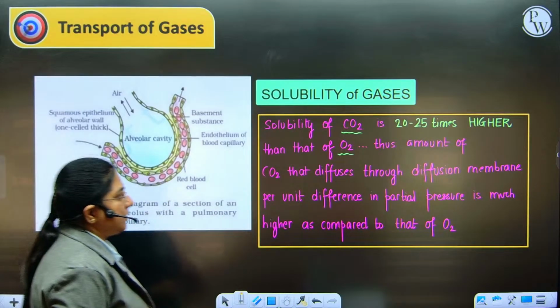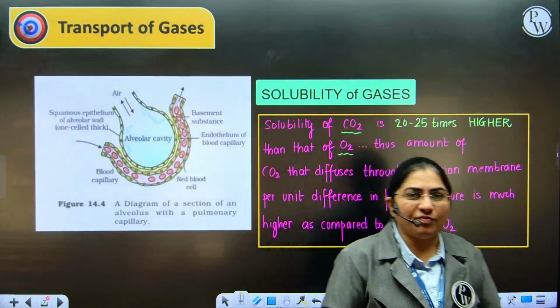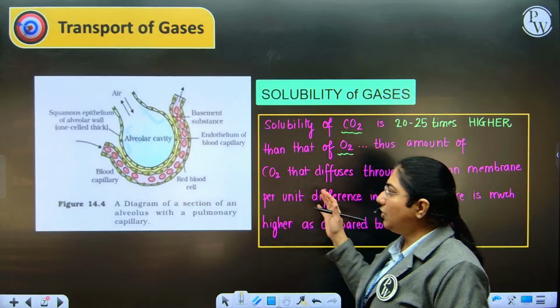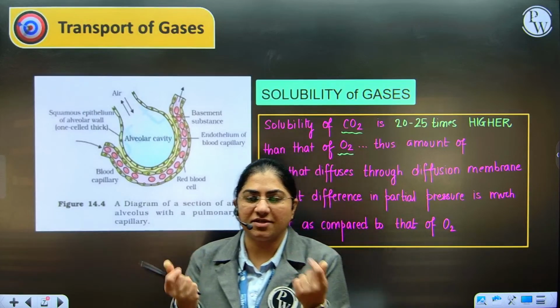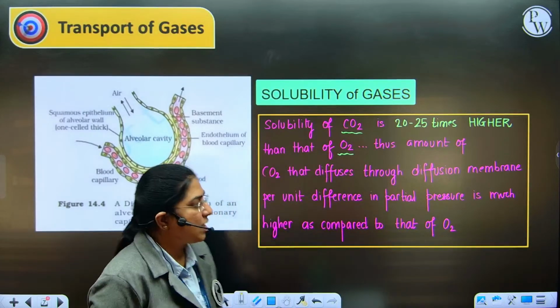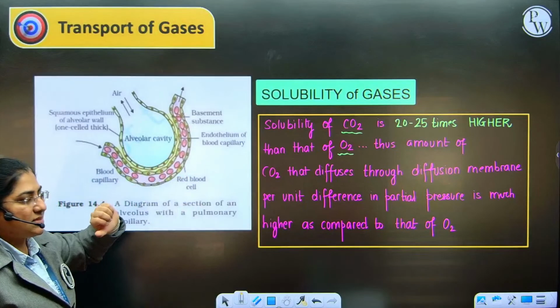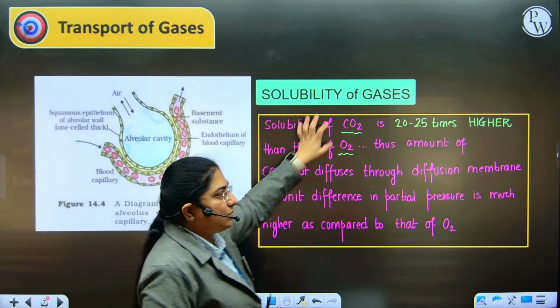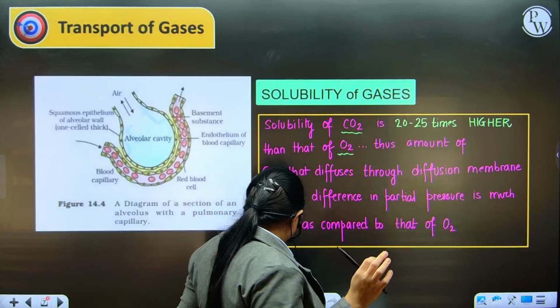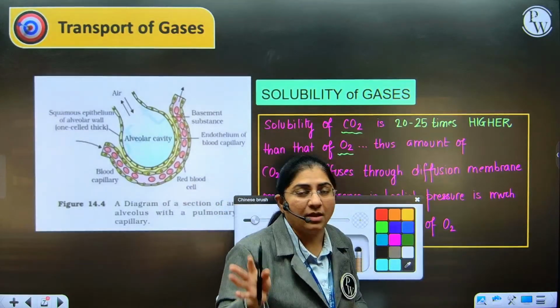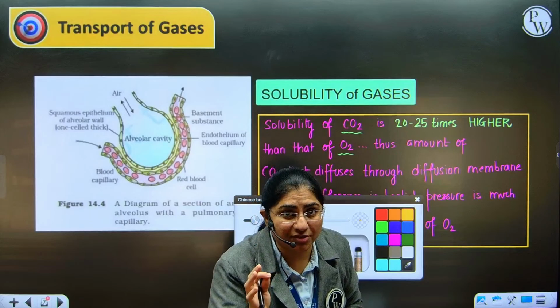The second factor which affects the exchange of gases is solubility of gases. The more soluble the gas, the faster it diffuses. Now there's a statement in NCERT which says that the solubility of carbon dioxide is 20 to 25 times higher than that of oxygen.